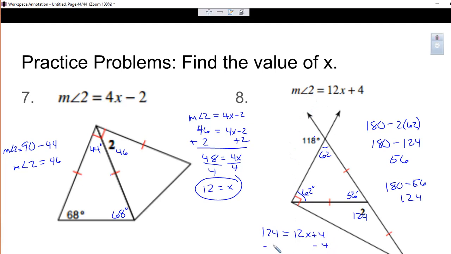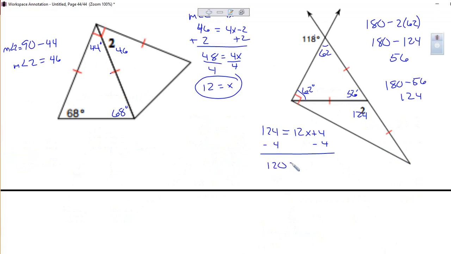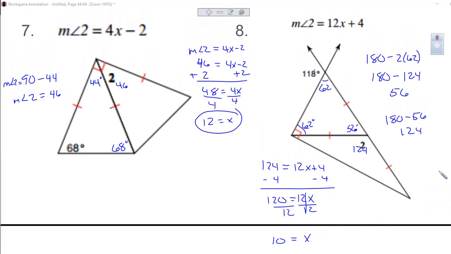Subtract 4. 120 equals 12x, divide by 12, and x is equal to 10. All right, so that's the answer for problems number 7 and 8. So we got x is 12 and x is 10.